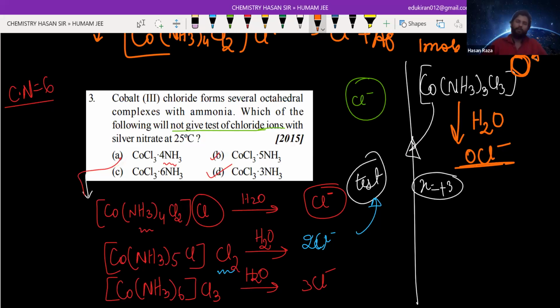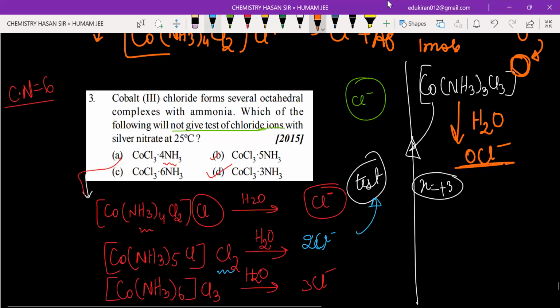And for Werner theory, since it is the oldest theory, at that time it was given that negative is satisfied by positive. That's why it is negative. Okay, yes, please do write it.